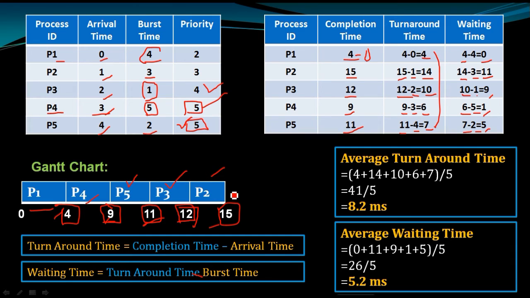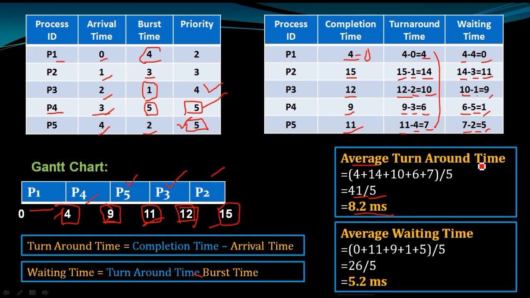So let us go to the average turnaround time. Add all the turnaround numbers: 4, 14, 10, 6, 7. It becomes 41. So 41 divided by 5 is 8.2 milliseconds, the average turnaround time.